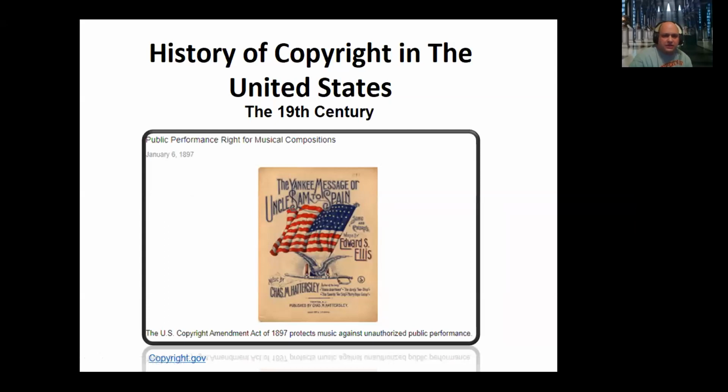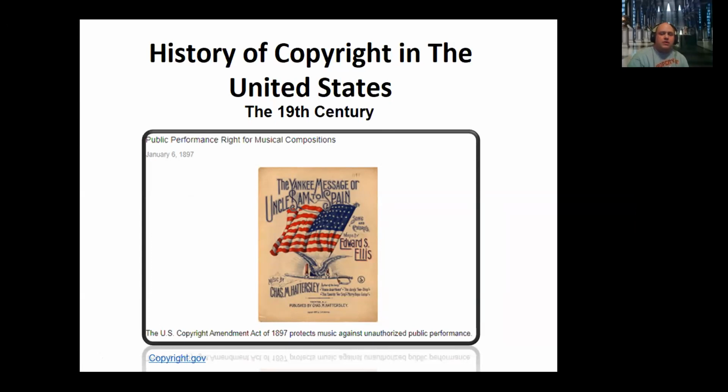January 6th of 1897, we begin to see the first rights of musical compositions. Now, while you can't copyright a note of any composition, once the composition is put into full form, as far as the words and the music behind it, you can start to copyright it, and we see it in 1897. It also protects, and I thought this was interesting, unauthorized public performances.